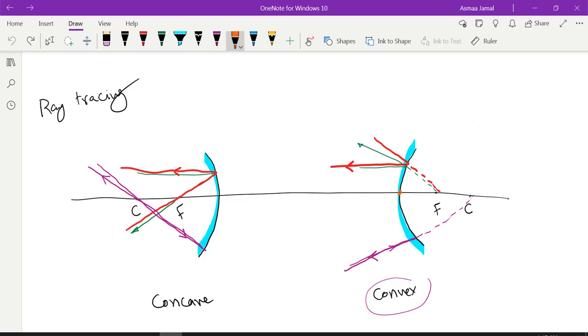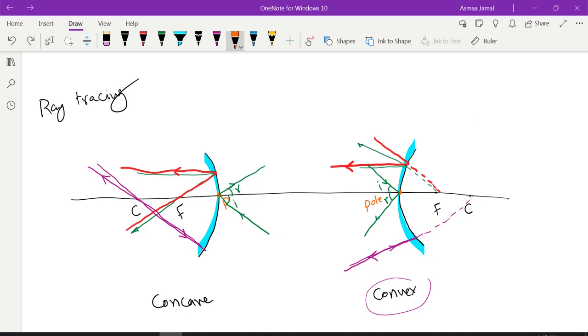Here, at this point where the mirror meets the optical axis, for convex and concave mirror, we call it the pole. When a ray is incident at the pole and reflected back, the angle of incidence equals the angle of reflection for both convex and concave mirrors.